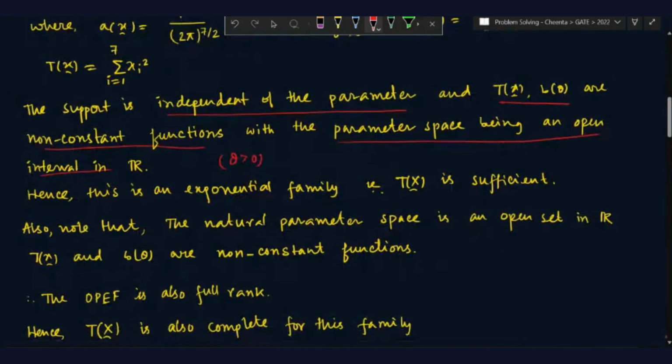Hence we can say that the given family normal 0, theta with theta greater than 0 is an exponential family with one parameter, and hence T(x) is sufficient, where T(x) is summation Xi square. Also note that the natural parameter space is an open set in R.